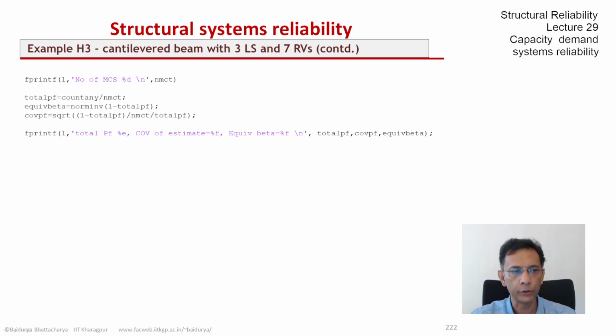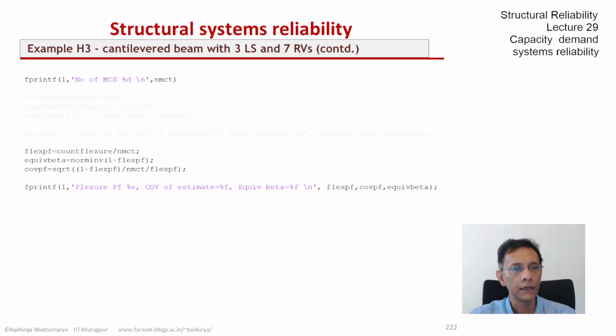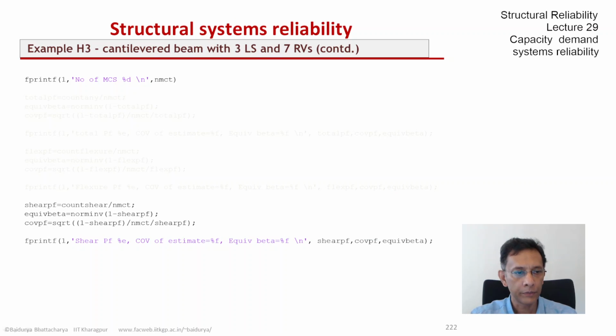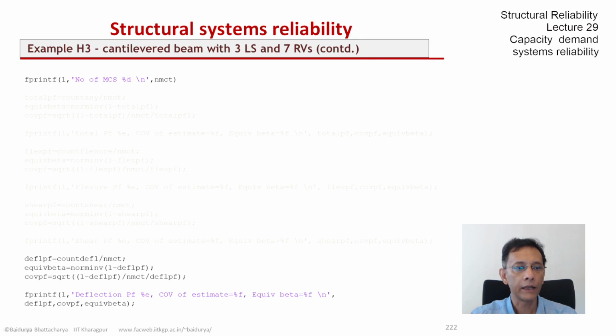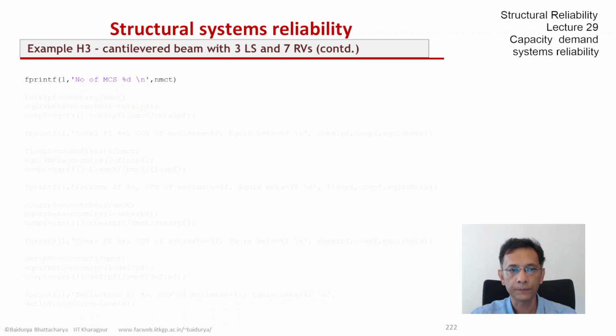And then I output the results on the screen. I do the similar thing now for each failure mode. So the flexural failure count gives me the flexural beta and the coefficient of variation of the estimate, and I print the results on the screen. Do the same thing for shear failure, and finally for deflection failure. And when we go to the next slide, we will study the results.